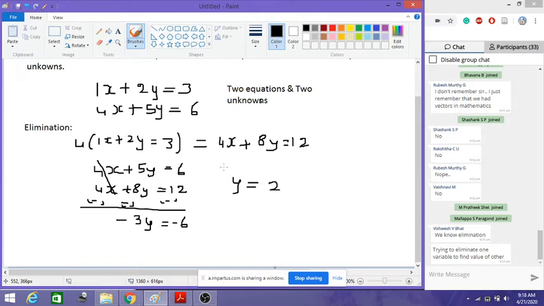And then when we substitute this 2 in the first equation, this is called the back substitution method. So far, whatever we have done is the forward elimination process. Now it is the back substitution method. So let me write here.